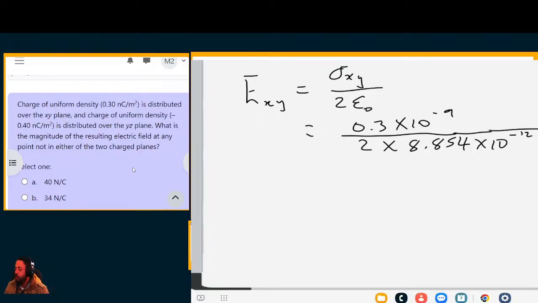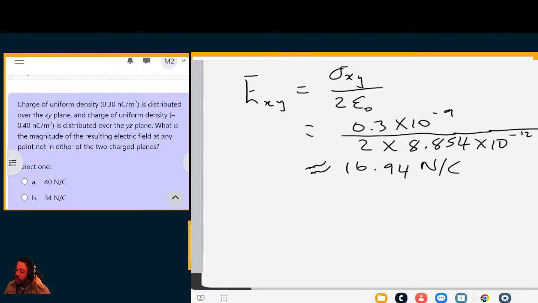Let me see if it cuts off there. Okay, it's still fine. That gives you an answer of approximately 16.94 newtons per coulomb. Remember, you're calculating electric field.